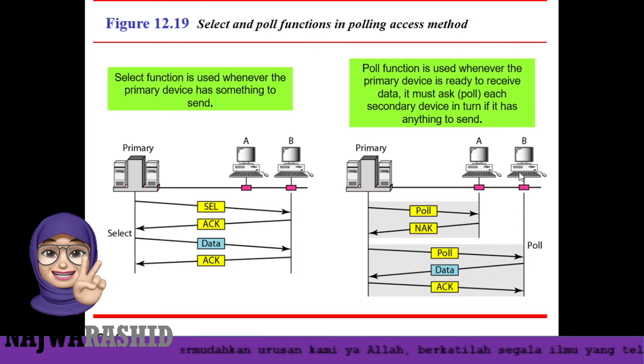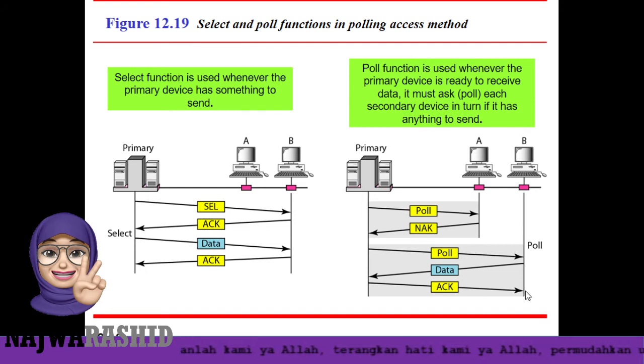Let's say in this network, the secondary devices are A and B. The primary device sends a poll message to A: do you have any data to send? Then A replies with an ACK, none. There's no data, so it sends the poll to B: do you have data to send? B says yes, I have data, so B sends the data to the primary device. The primary device then sends an acknowledgement to station B that it has received the data.